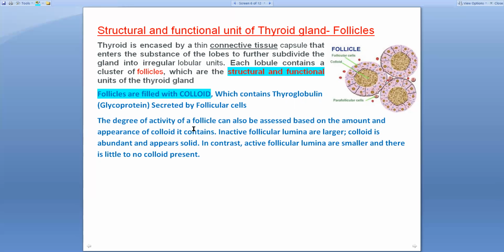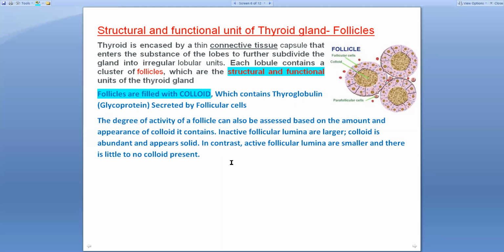The degree of activity of follicle can also be assessed. When we cut histological sections, we can assess the activity of follicle based on the amount and appearance of colloid it contains. If the follicular lumina are larger, colloid is abundant and appears solid, the follicles are inactive.